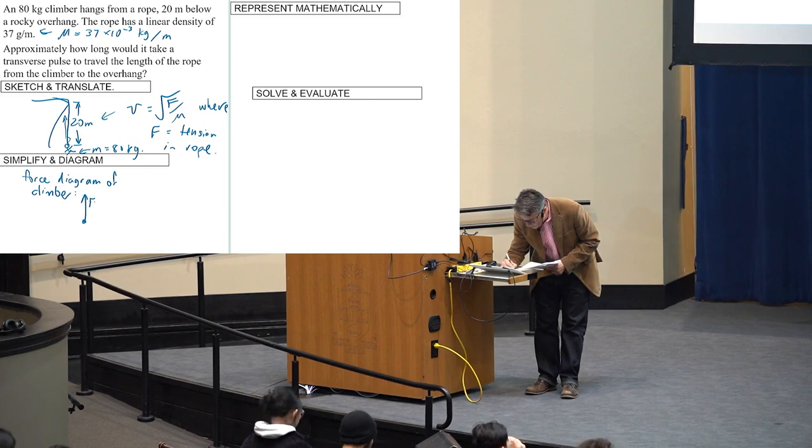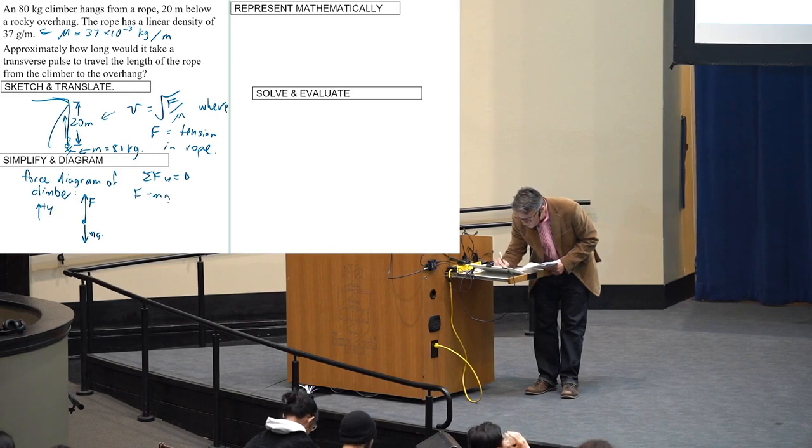There's F pulling up and mg pulling down. So if you do the sum of all the forces in the y direction, it is 0 because it's in equilibrium. Once again, plus y is up. You get F minus mg equals 0. So F equals mg.